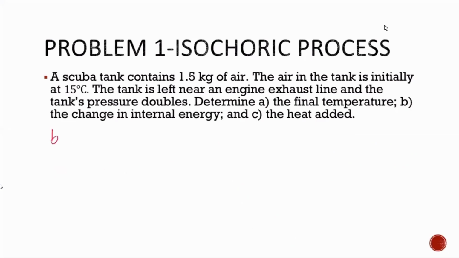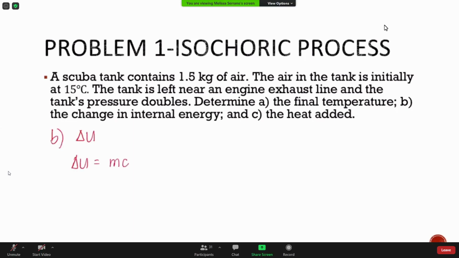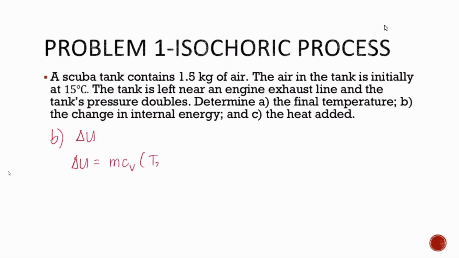Ang hinahanap is the change in internal energy. Anong formula natin to find the internal energy? Delta U is equal to mass times the specific heat at constant volume, T2 minus T1. Okay? Since air ito, ang gagamitin natin for air na CV based on the table, table 4 sa air natin. So we have the mass, 1.5 kilogram times the CV, 0.7186.